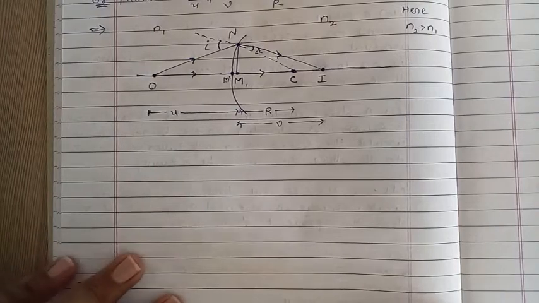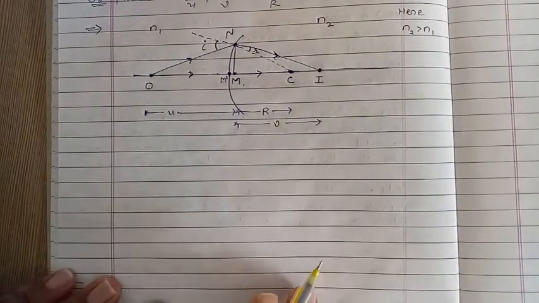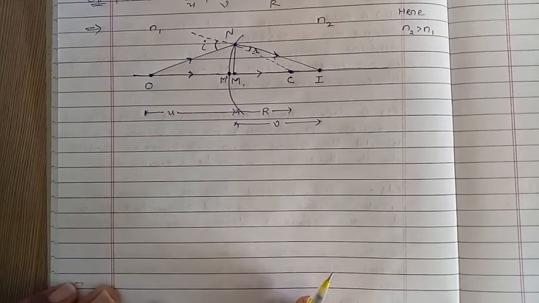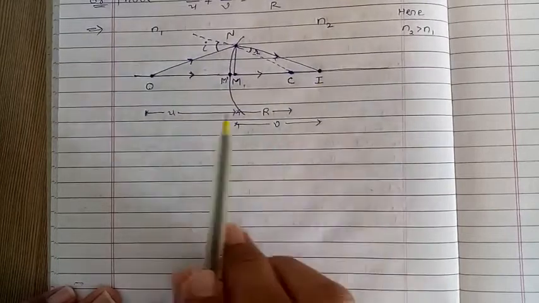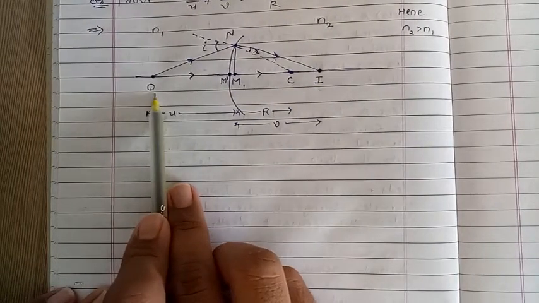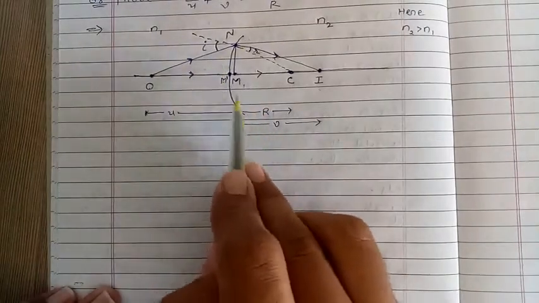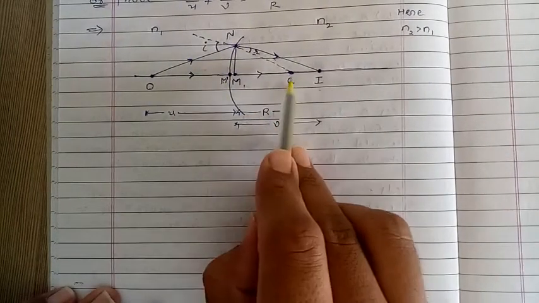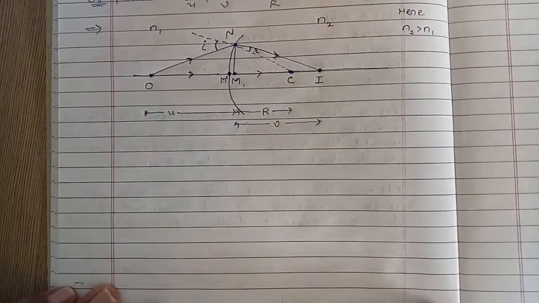Okay. So we can say that the figure shows the geometry of formation of image I of an object O on the principal axis of a spherical surface with center of curvature C and radius of curvature R, right?